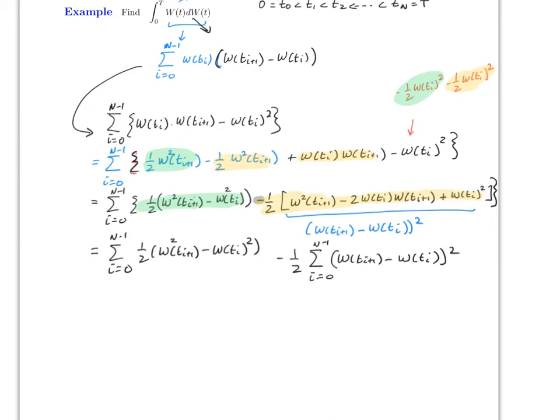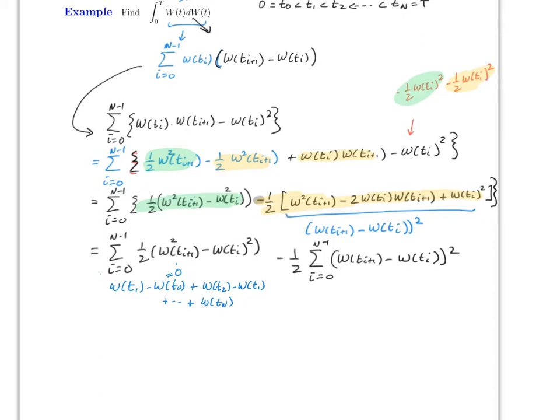Notice that if you expand the first sum, when i is 0, you will have W of T1 minus W of T0, which remember is equal to 0, and then plus W of T2 minus W of T1, and so forth until you get to the very last one, which will be W of Tn.